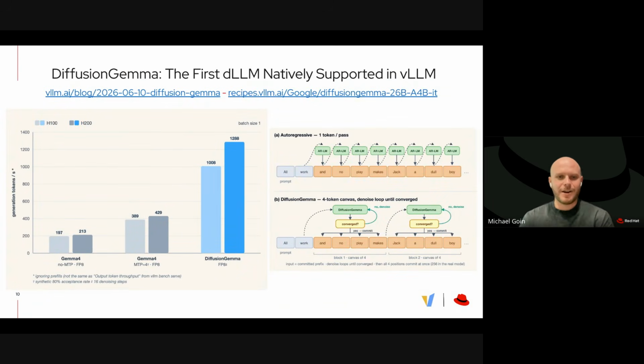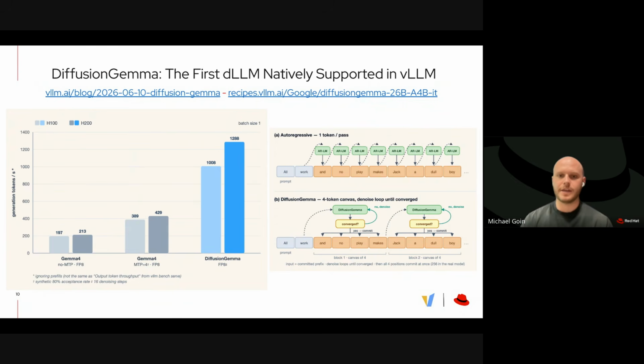And then yeah, we had a great launch yesterday for the latest model from Google. They've been releasing a lot with their Gemma 4 series, and the latest one has been Diffusion Gemma 4. And this is really interesting because this is the first diffusion large language model that vLLM is supporting natively.